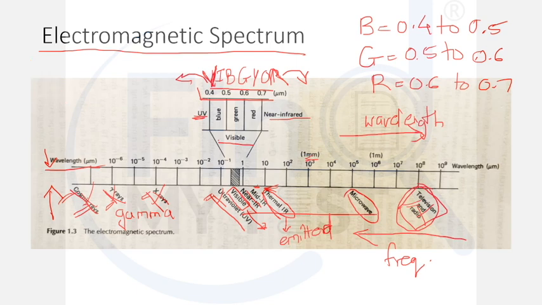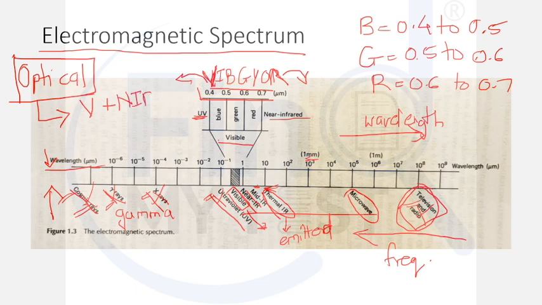Another thing I have to tell you is that when we say optical remote sensing, or optical bands, it basically includes the visible region plus near infrared. So this is basically VNIR.